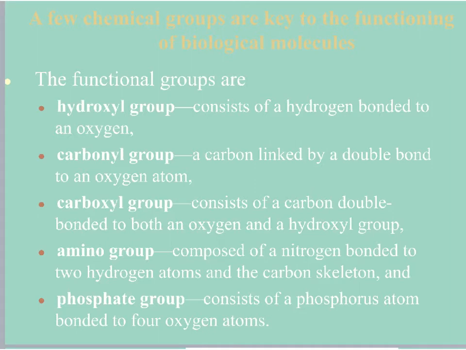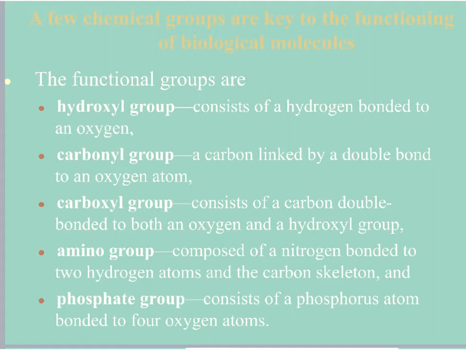Okay, so let's take a look at the main functional groups. I'll show you examples here in a second. But a hydroxyl group means that the functional group anchored to the carbon is made up of a hydrogen bonded to an oxygen. There's also a carbonyl group, a carbon that's linked by a double bond to an oxygen atom.